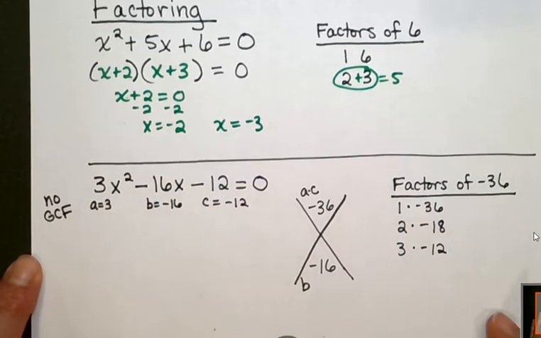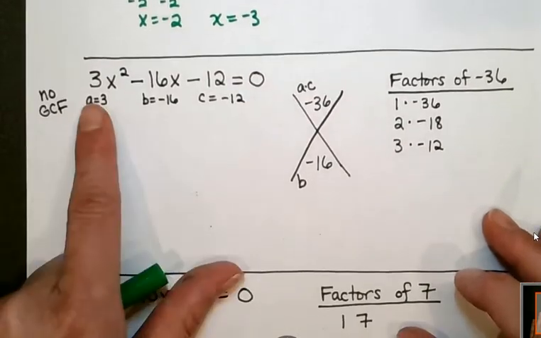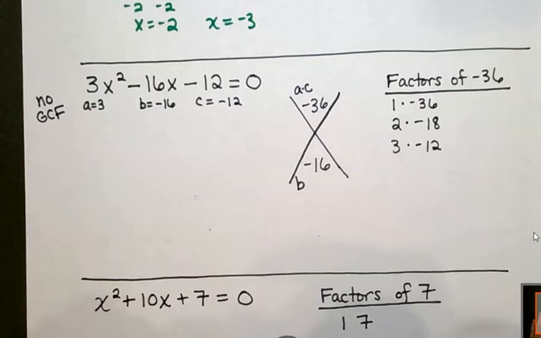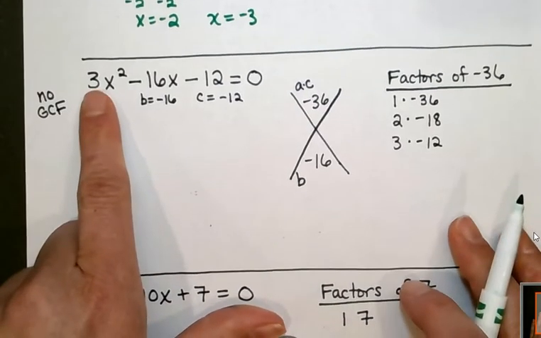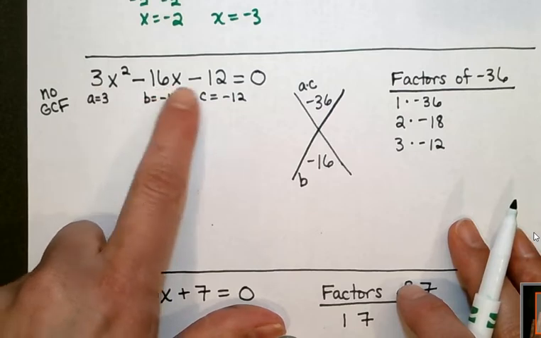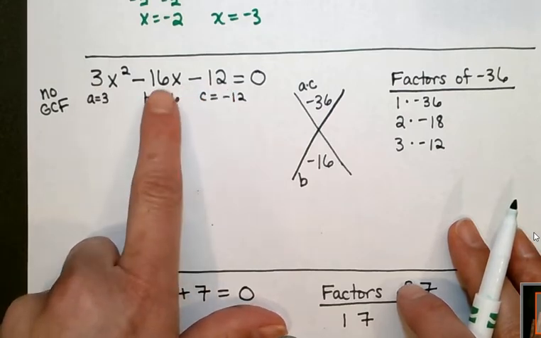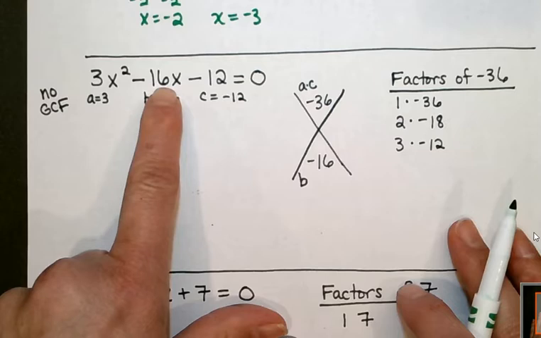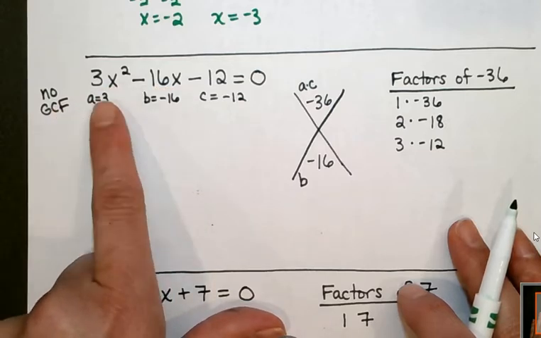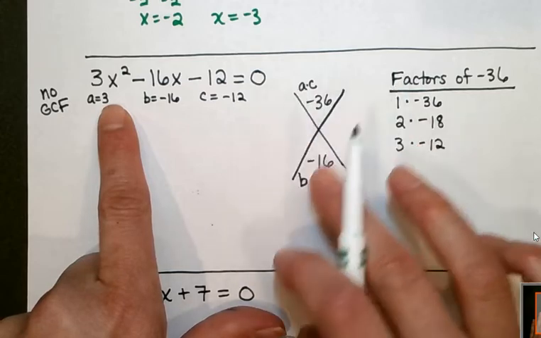All right, here is a more complicated factoring problem. This one has a coefficient bigger than 1, and unfortunately, there's no greatest common factor. At first, I thought I could divide all of these by 3. However, 16 is not evenly divisible by 3, so I have no greatest common factor. So that means I'm going to use this x method that we learned about.